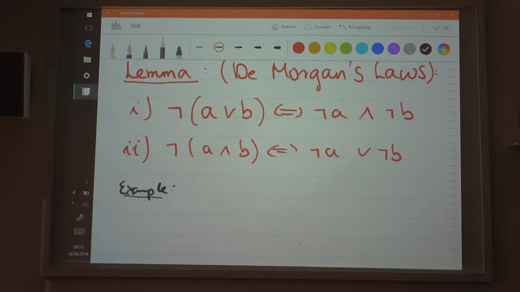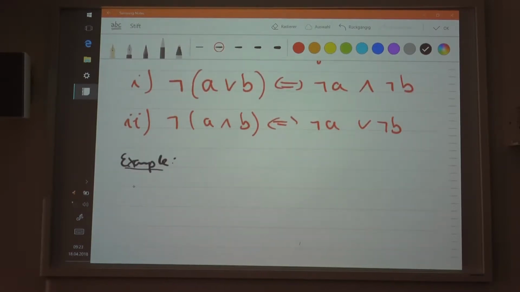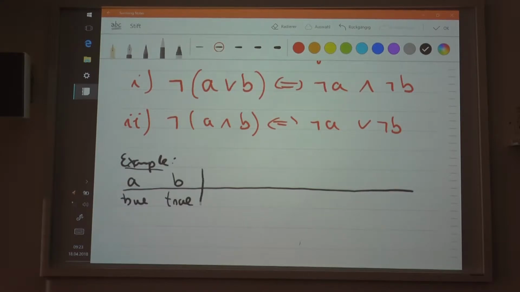Okay, so for instance, let's say that you have statement A and statement B. So these are the combinations. I'm going to give you the truth values, and the four combinations are, suppose that statement A is true, and suppose that statement B is also true. Then we look at the disjunction first.